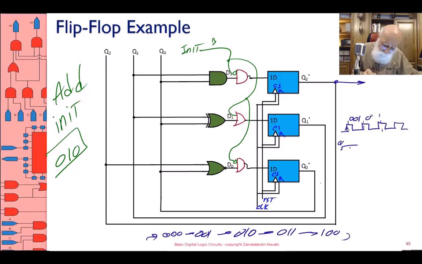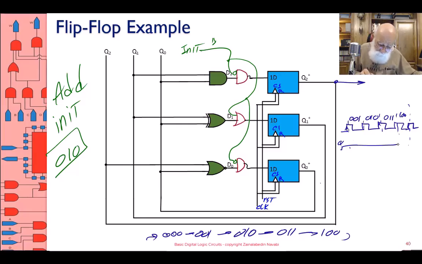Then it becomes 0, 1, 0. Then it becomes 0, 1, 1. Then it becomes 1, 0, 0. And then finally, with the next count, it becomes 0, 0, 0 again.